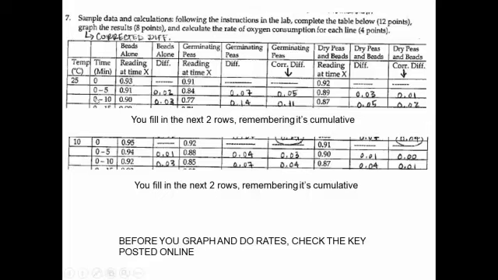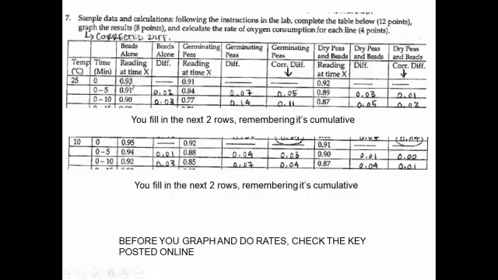What the 0 to 5 or 0 to 10 means is that we're going to take a cumulative reading, though, so that at the end of 20 minutes, we'll see how much change there's been, how much oxygen has been consumed. You'll be reading the pipette.